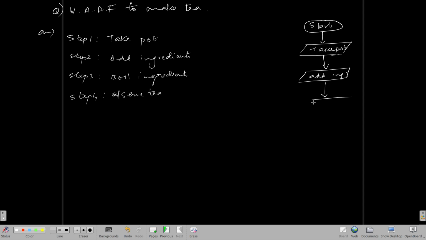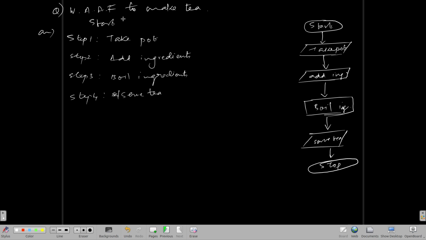Boil ingredients. That is a process. This also you can take as a process, but I am taking it as an input. Boil ingredients, then serve tea, stop. Here also you can give start and stop, no problem. So this is pretty straightforward, nothing in there.